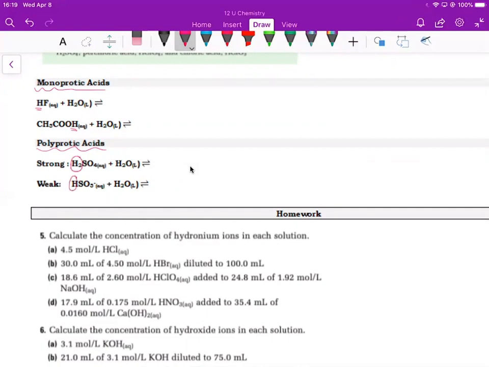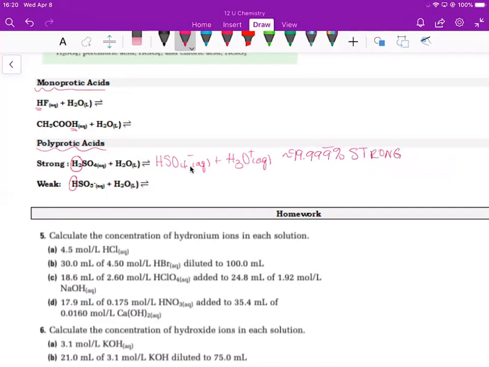The interesting thing about this, however, is that the first dissociation happens around 99.999%, which means it's a strong acid.